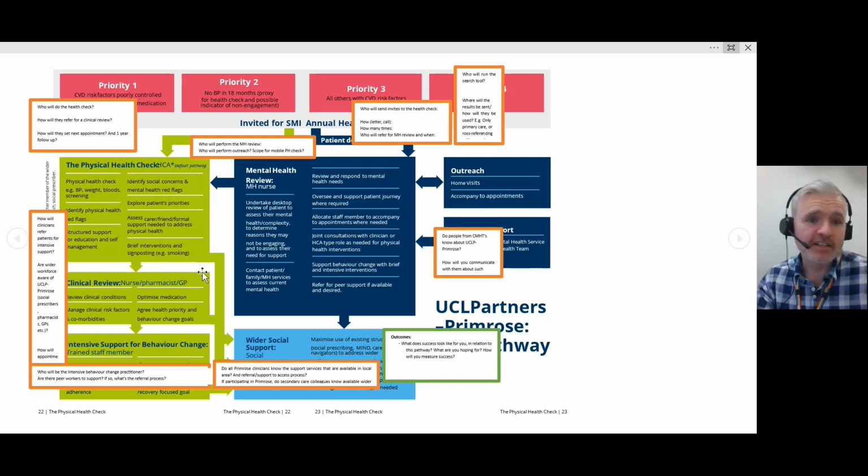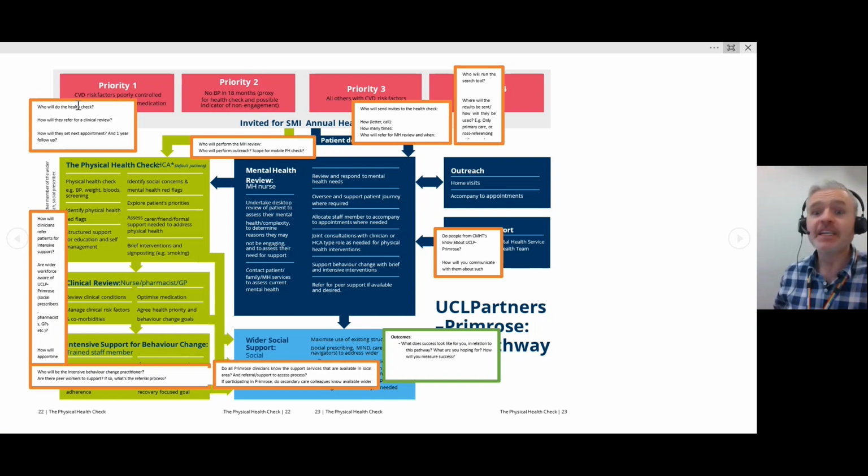So there'll often be a healthcare assistant, maybe even a nurse who does the SMI physical health checks within your locality. So you need to think about who does that, how they invite people, what they do with the output of those checks. How are they going to invite people for a clinical review, especially if there are concerns within their physical health check results?